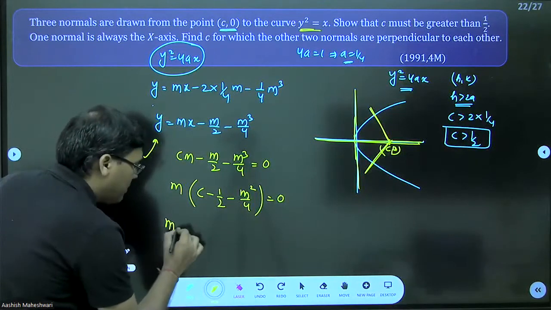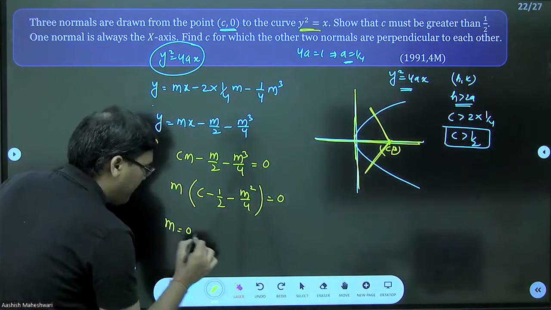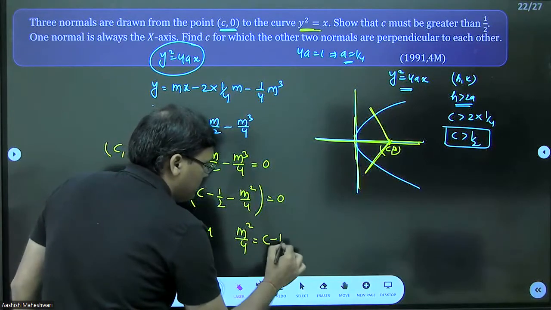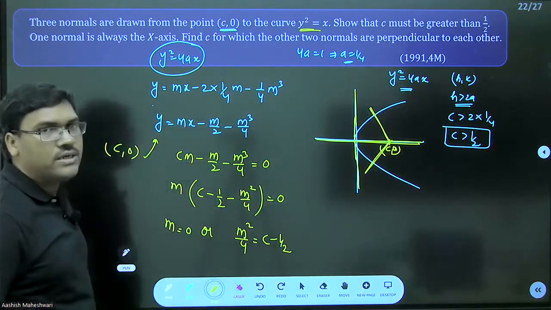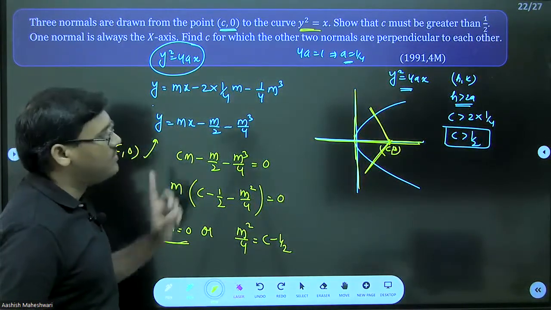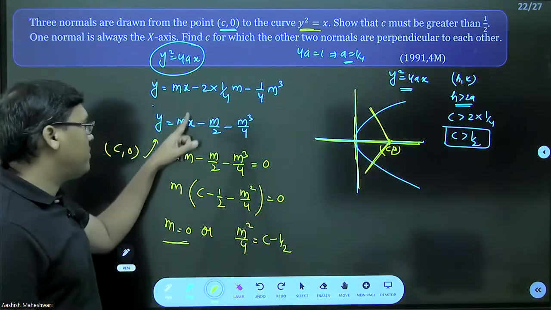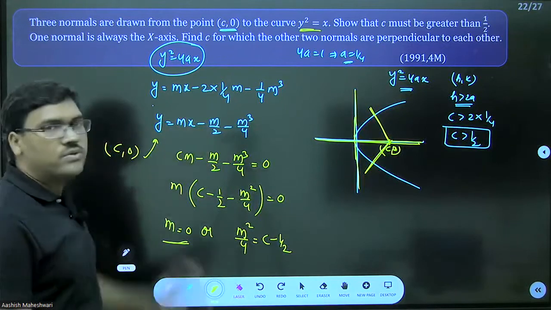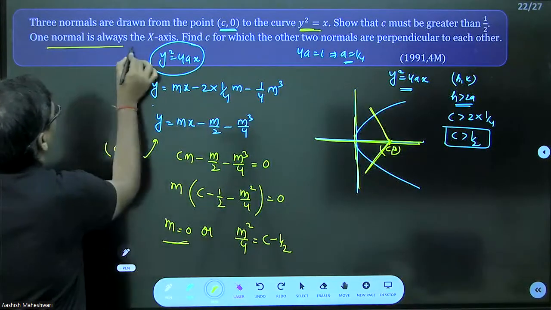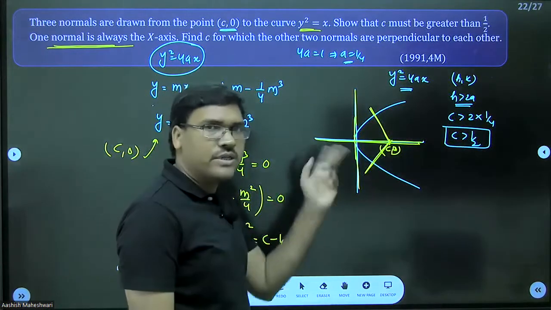Now either m is equal to 0 or m square by 4 should be equal to c minus 1 by 2. These are the two conditions. Now what does this imply? If m is equal to 0, you can clearly see the normal is y is equal to 0, that is the x-axis. So this is one part you had to prove, that one normal is always the x-axis, which you can also say by the diagram.